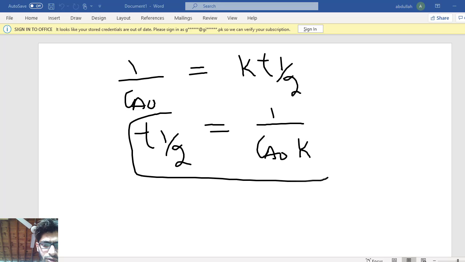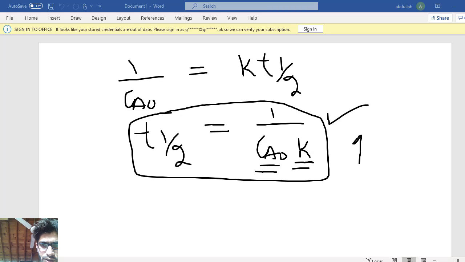So the half-life for the second order reaction is equal to 1 divided by the initial concentration of reactant times the rate constant. As the rate constant increases, the half-life decreases, and as the rate constant decreases, the half-life increases. Thanks.